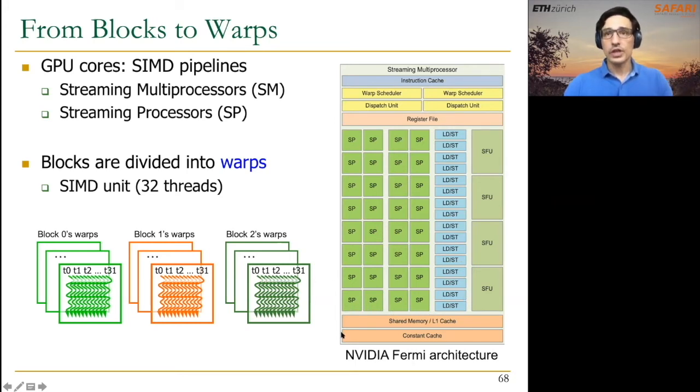And we also have some on-chip caches, a constant cache to store constant values. And this space here, I mentioned it before, is like the whole cache that can be divided into a hardware managed cache and software managed cache, or scratchpad memory, which is called shared memory in NVIDIA GPUs.